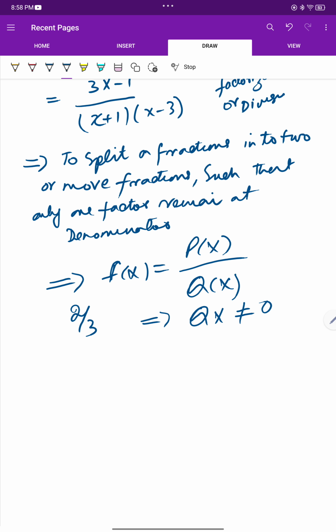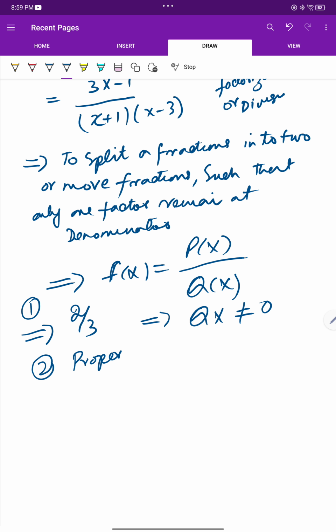So one is rational fraction, which is actually like 2 by 3, where q(x) is not equal to 0. This is the first type. Second is a proper rational fraction.